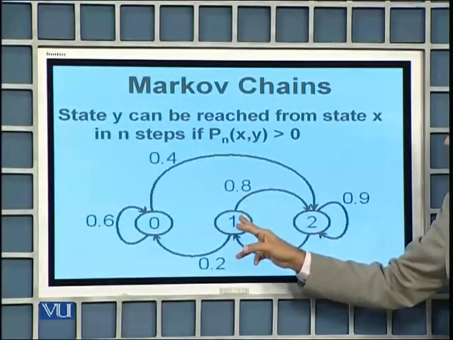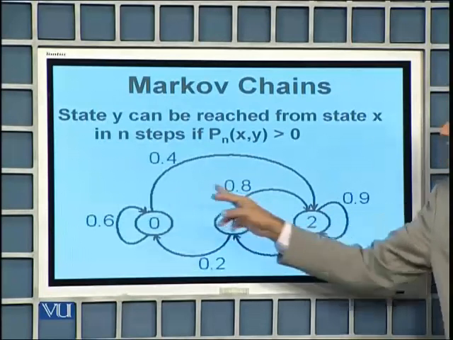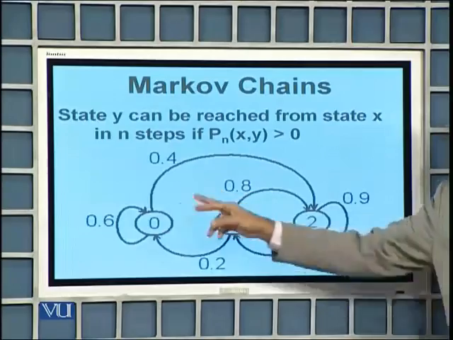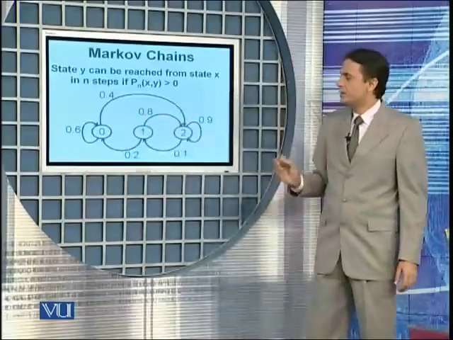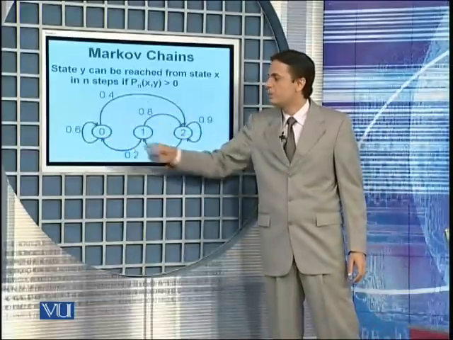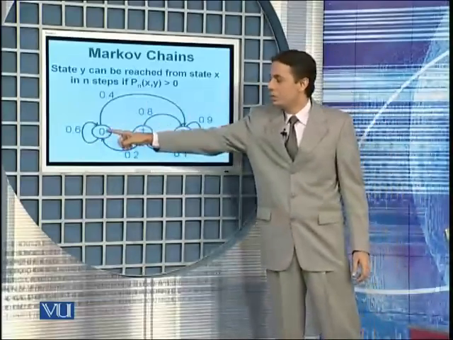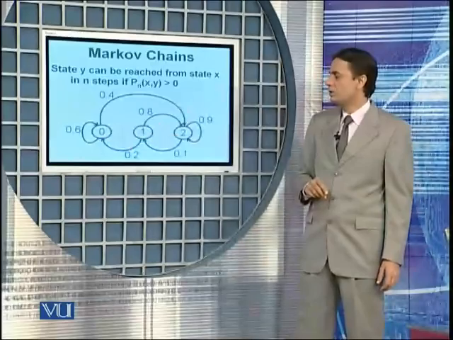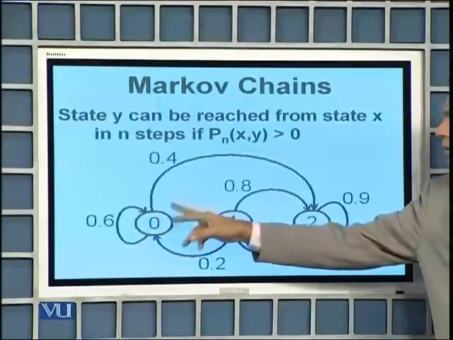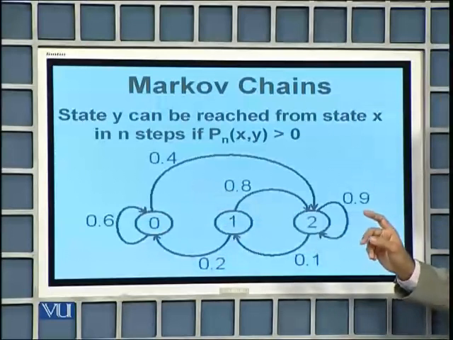But state 1 is not reachable from state 0 in one step because there is no jump from state 0 to 1. That means if the specialized repair facility cannot repair it in one day, they are not going to send the machine back to the local facility. So there is no way you can move from state 0 to state 1 in one jump.